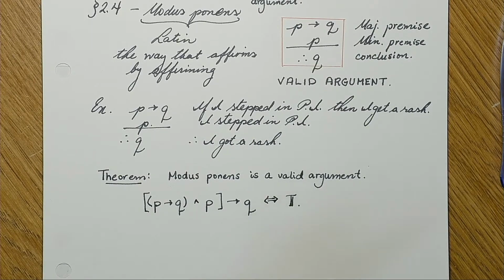So we can do that either using a truth table. Would you describe this argument as self-evident?